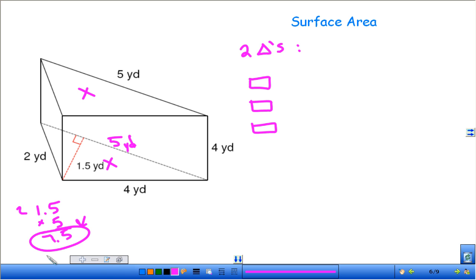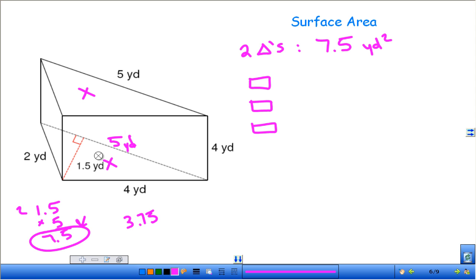So if I were to divide this by 2, what would we get? 3.75. But then what's 3.75 plus 3.75? We're back to 7.5 again. So instead of dividing by 2 and then multiplying by 2, I just left it the same. So my 2 triangles together is 7.5 yards squared.